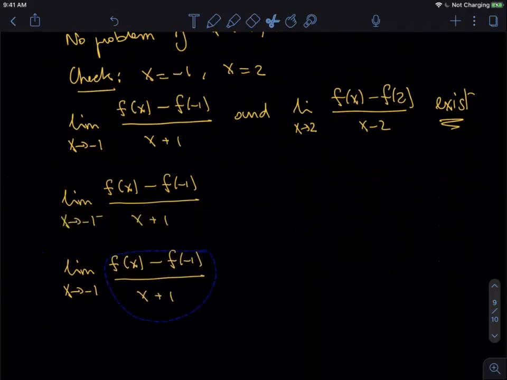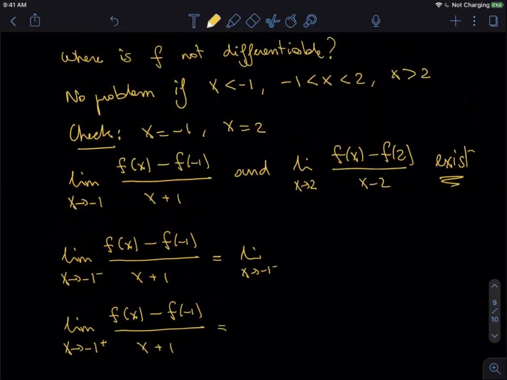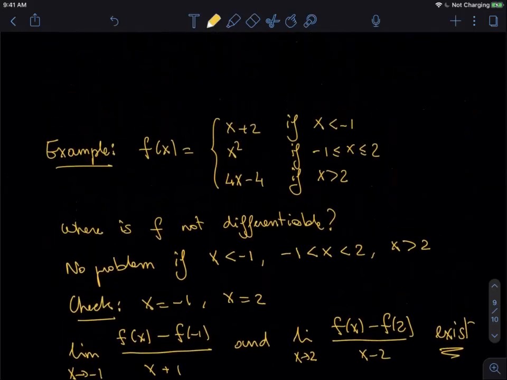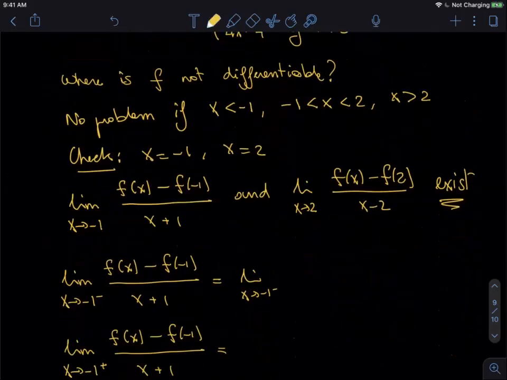Okay, so there we go. Let's write down what is what. So f of x, when we are on the left of -1, is x plus 2. And then the value when x equals -1 is given by x squared. So -1 squared is 1. Keep that in mind.